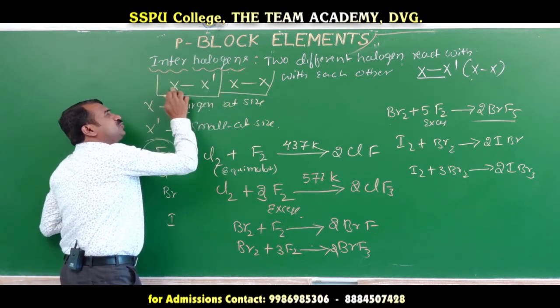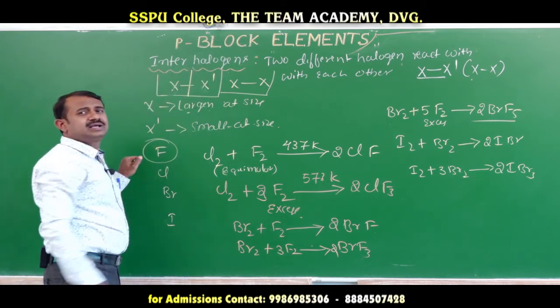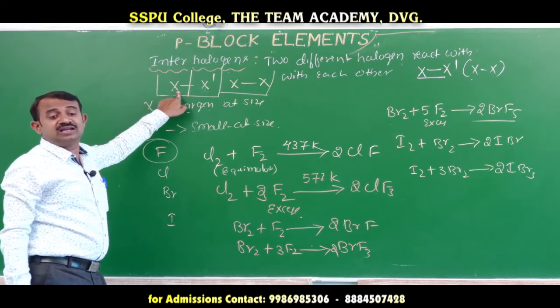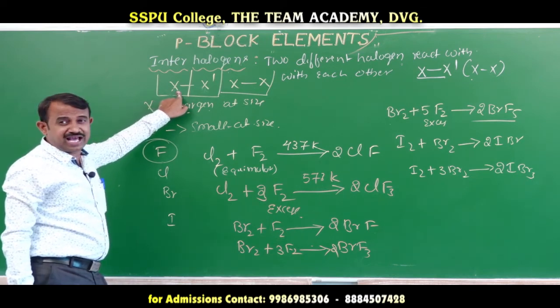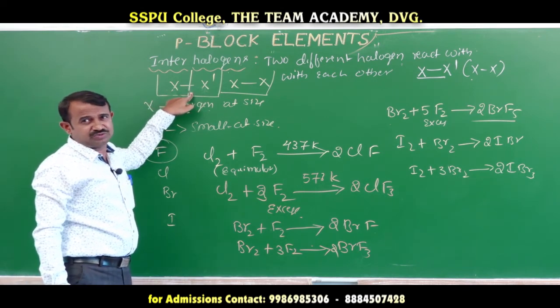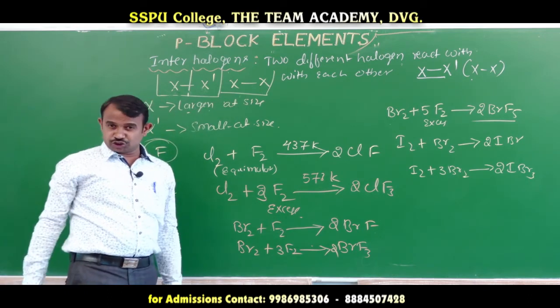When the X X dash bond strength is weak, the bond cleaves easily. That's why interhalogens are more reactive than halogens. Interhalogens have a weak bond compared to halogens, so they are more reactive.